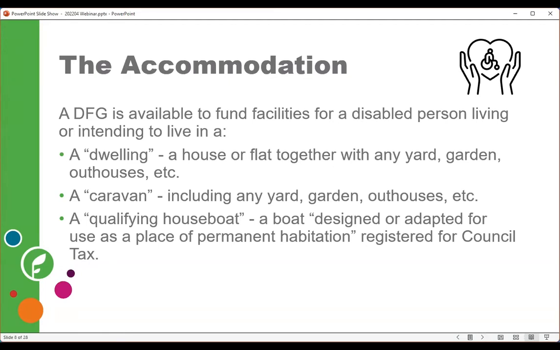Although there is a clause that says it can't include railway rolling stock. So I don't know if anybody's approved anybody living in a railway carriage, but that's specifically excluded. But a qualifying houseboat can be included as accommodation, as long as it's designed or adapted as a place of permanent habitation and registered for council tax.